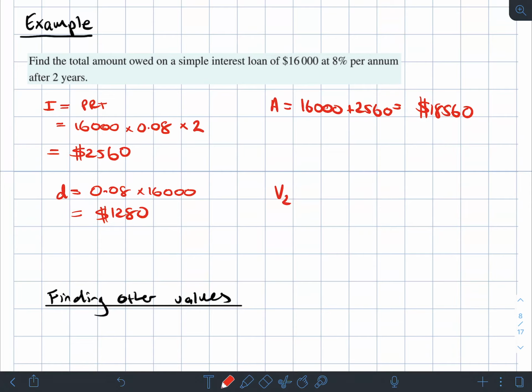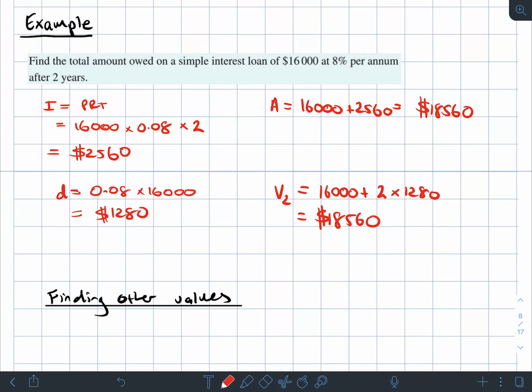So we're finding V2 because we're after 2 years. V0 is the initial term, V1 is the first year, V2 is the second year. That's why we use V0. And this is 16,000 plus 2 times the common difference, which gives us 18,560, which is what we got above.